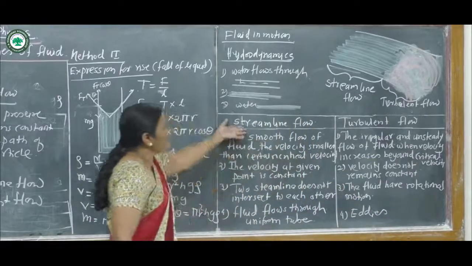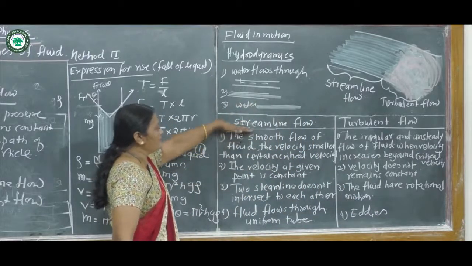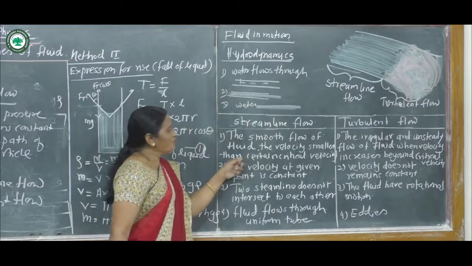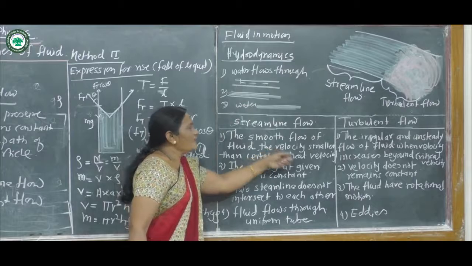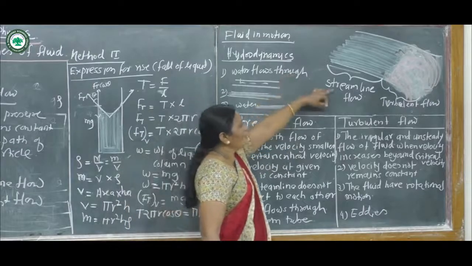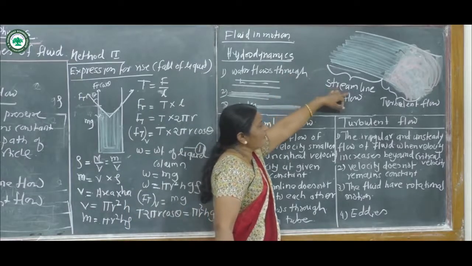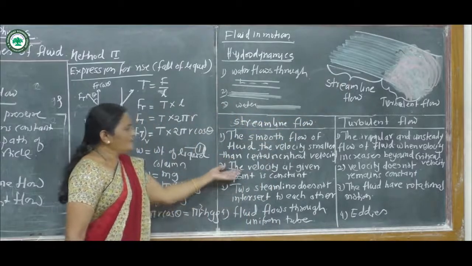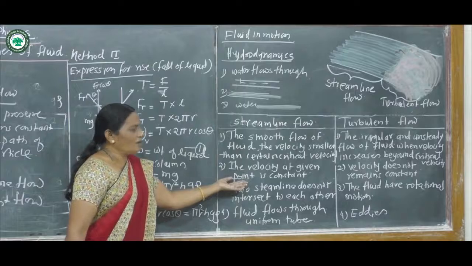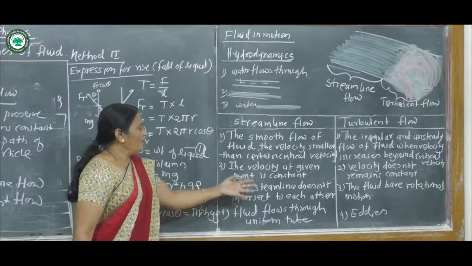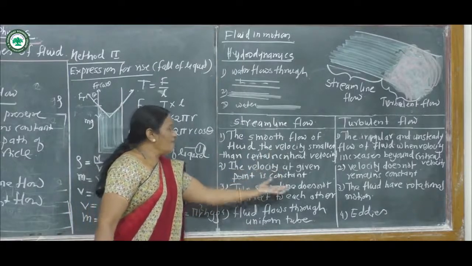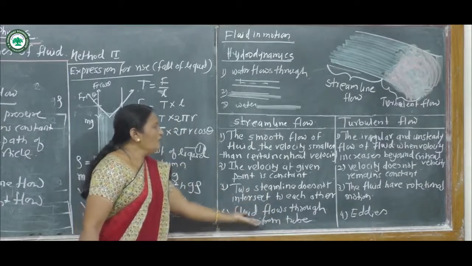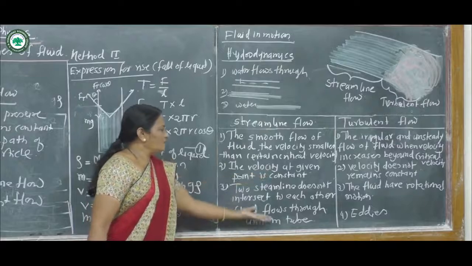First, streamline flow. In streamline flow, the smooth flow of fluid, the velocity is smaller than a certain critical velocity. The characteristics of streamline flow: the velocity at a given point is constant. Two streamlines never intersect each other. The fluid flows through a uniform cross-sectional tube.